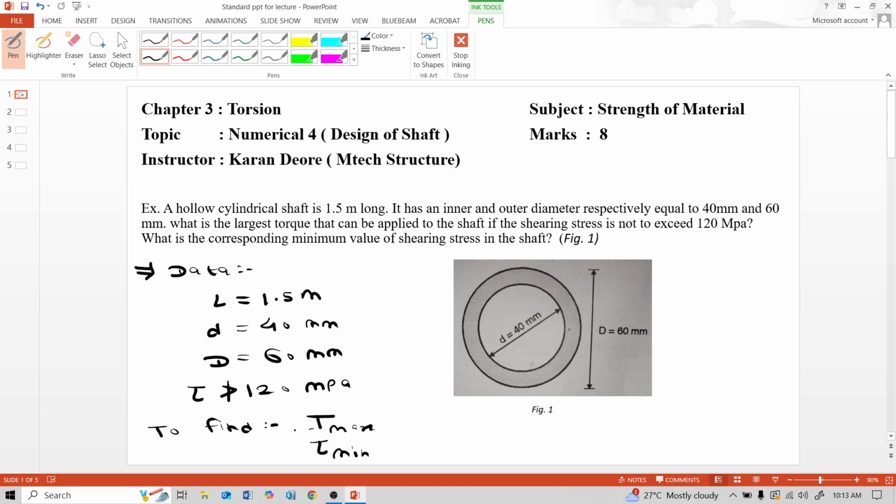So see, this is a hollow cylindrical shaft. Which material they use for making this shaft, they don't tell us in this numerical. They only tell us the length of this shaft is 1.5 meter, the internal diameter is 40 mm, the external diameter is 60 mm, and the shearing stress should not exceed 120 MPa for calculation of this maximum torque.